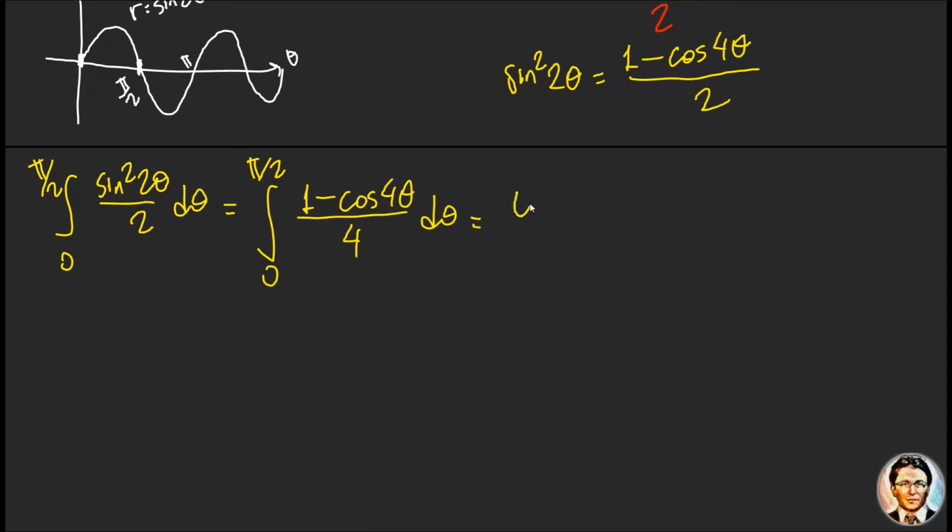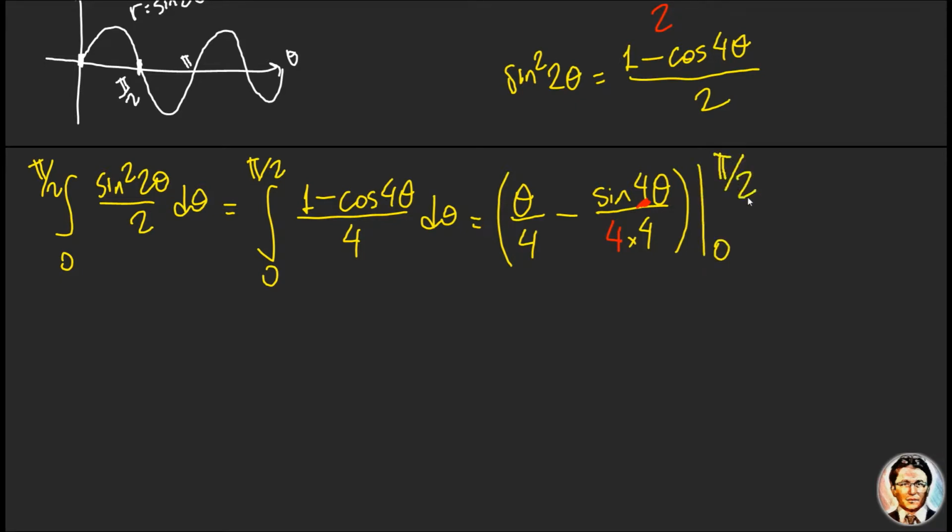So if you integrate, you will get θ/4 minus the integral of cosine, which is sine. It will be sin 4θ over 4 because of this 4, you have to divide by 4, and we have another 4 from the earlier expression. So sin 4θ over 16, from 0 to π/2.